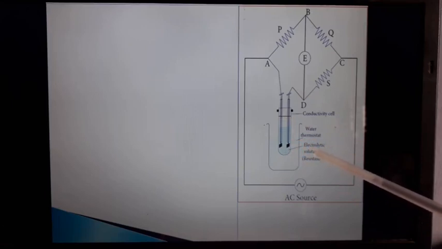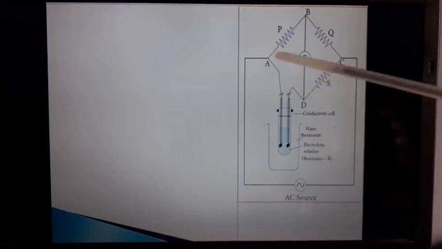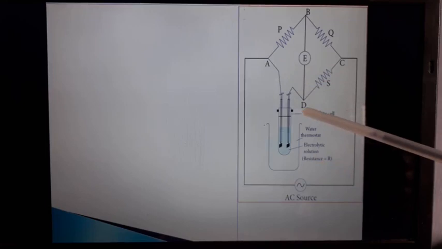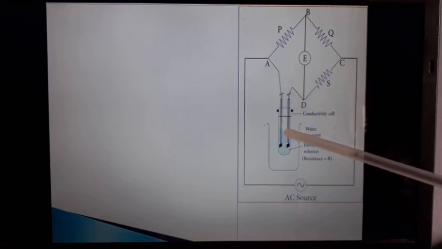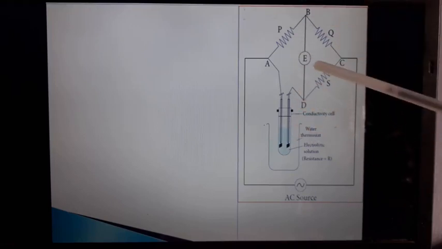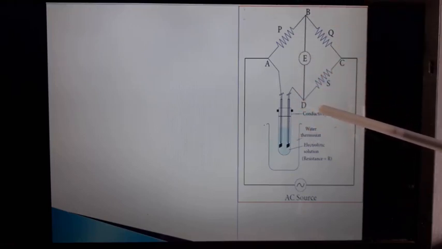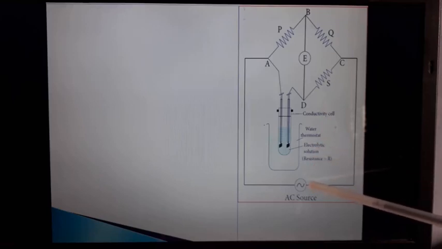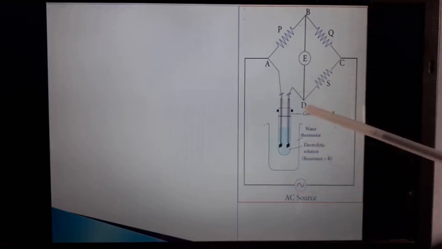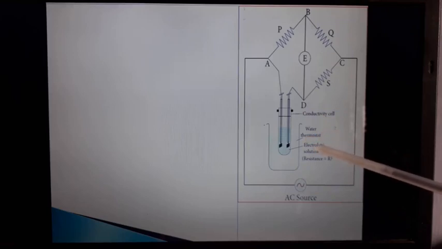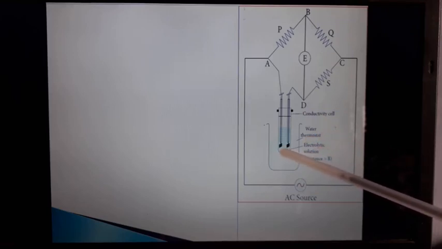This is the resistance R of the unknown solution. One resistance of the Wheatstone bridge is replaced with it. The AC source is there. This is the diagram for the conductivity cell, water thermostat, and electrolytic solution, used to measure the resistance of the solution.